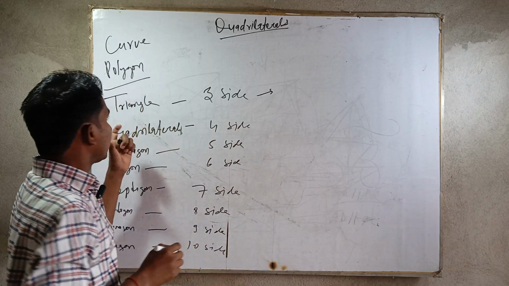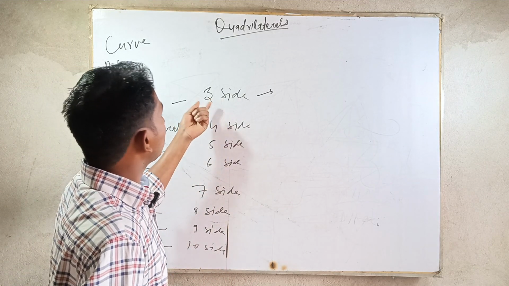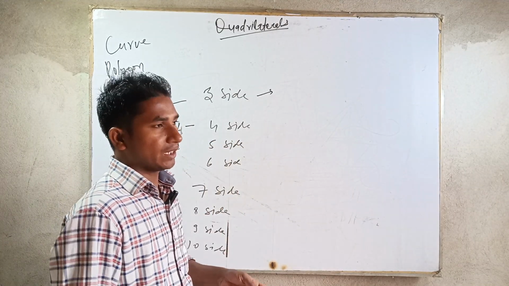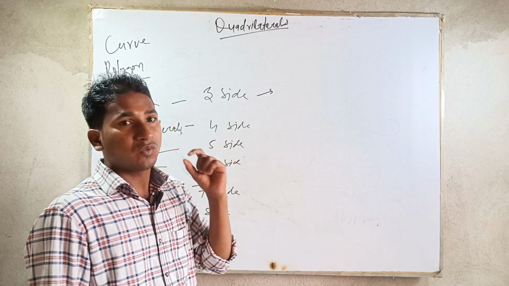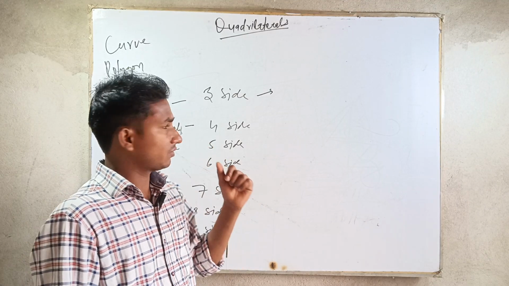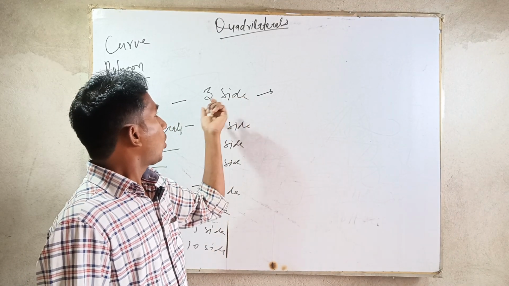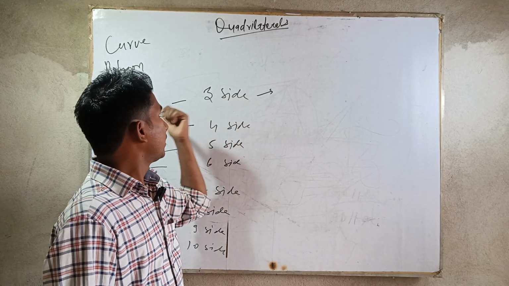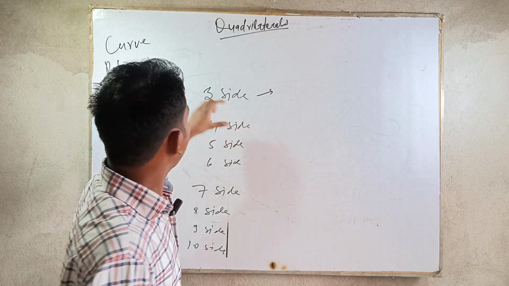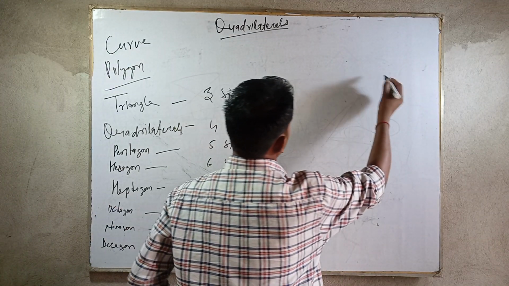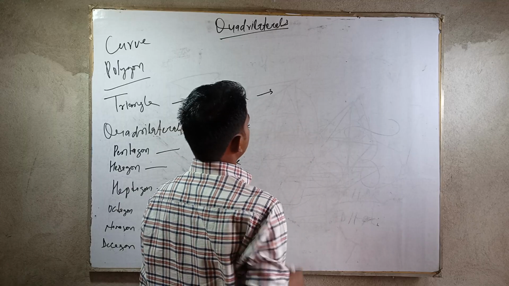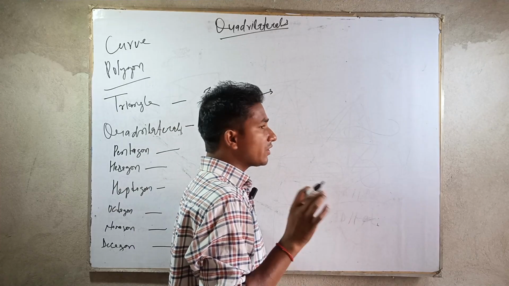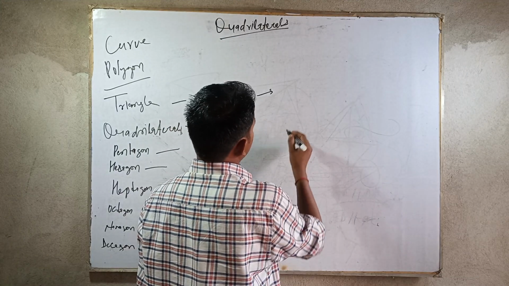what will be the sum of external angles, what is the value of one external angle, and how many diagonals can be drawn in a three-sided polygon? First, suppose it has three sides, what will be the sum of its internal angles?